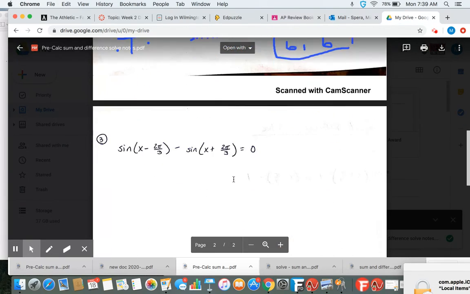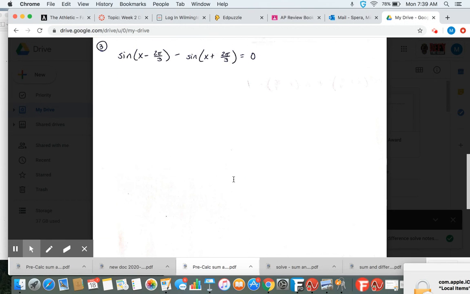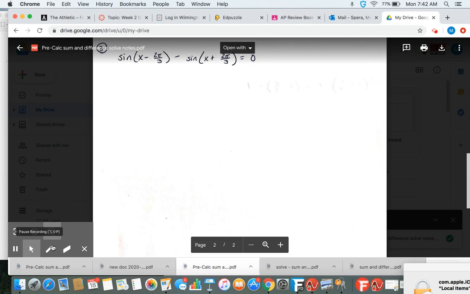All right, last problem. We're still using those same identities. This problem just happens to have sine, but we're still going to refer to it so we know what we're doing as far as expanding it, right?